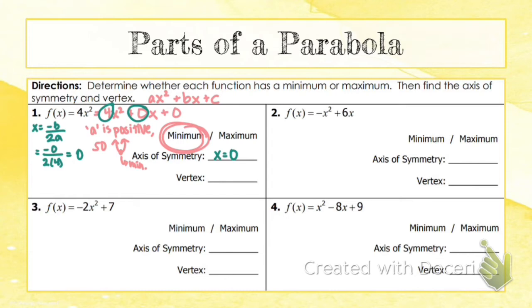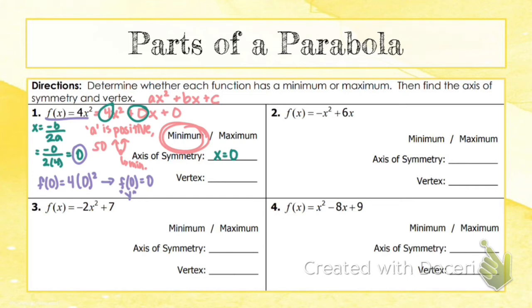Now let's find the vertex. We made it purple, we'll stick with purple. To find the vertex, you take this 0 and you plug it in for x. So we have f of 0 equals 4 times 0 squared. So we're going to get that f of 0, which is just the y value, equals 0 squared times 4, which is just 0.